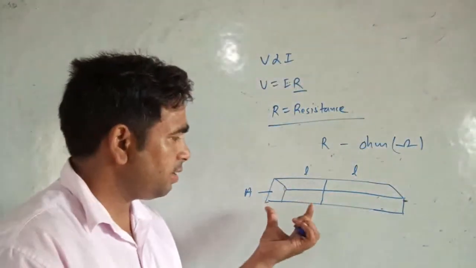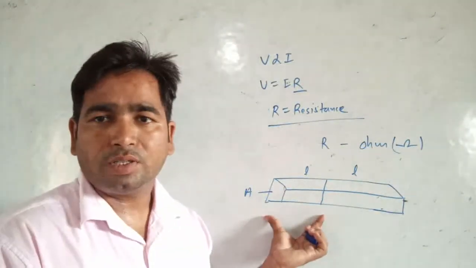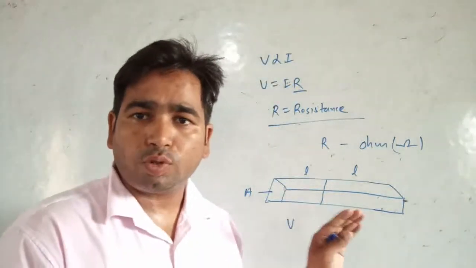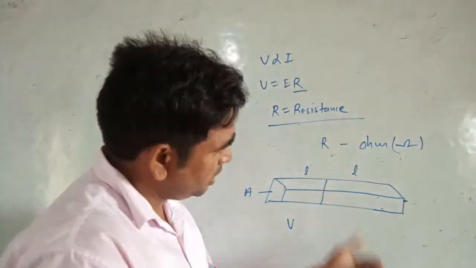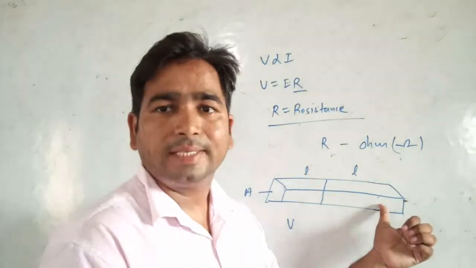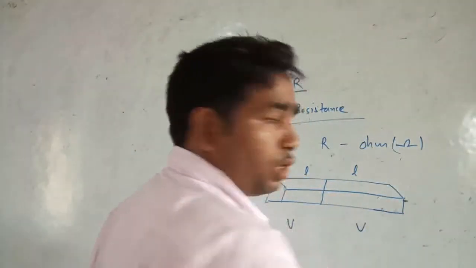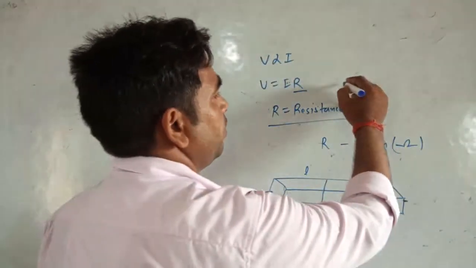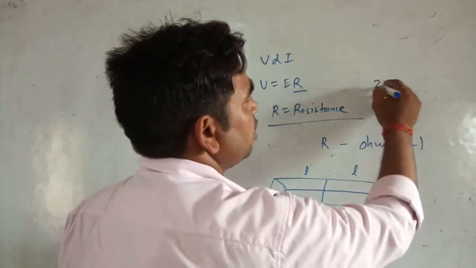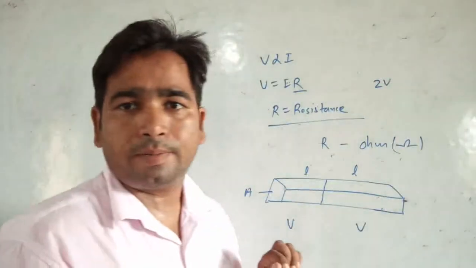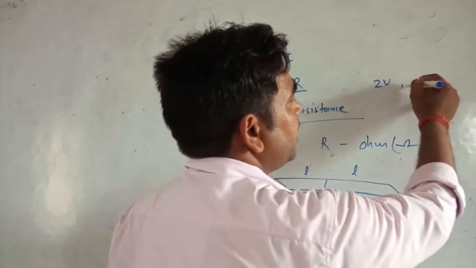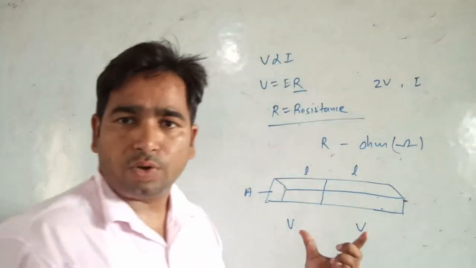Suppose that in the first slab the potential is V. Since both are in series, the potential will also be V in the second slab. Then the total potential will be V plus V, meaning 2V. And the current will be I.